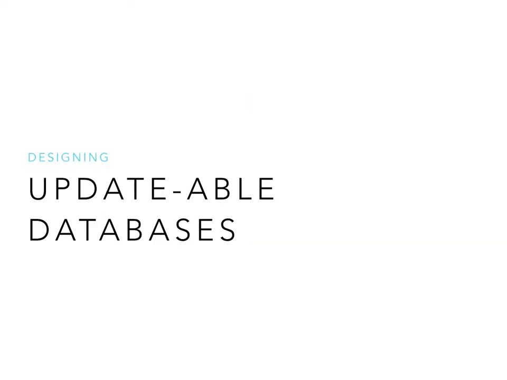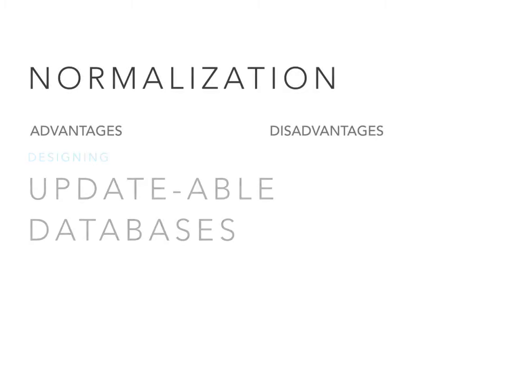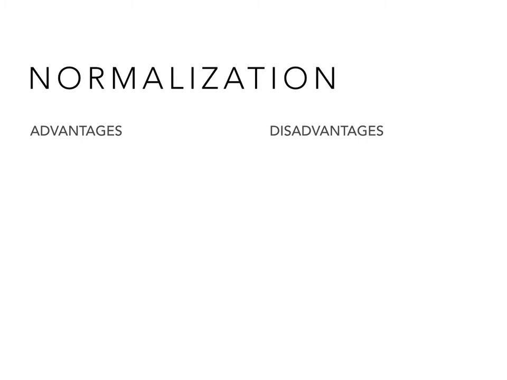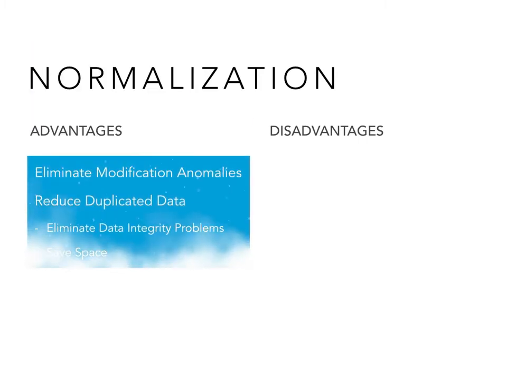First, we're going to consider designing updatable databases. So what are the rules, principles we follow for updatable databases? And generally, they're all the normalization rules that we looked at before. Remember normalization? He reminds us here of some advantages and disadvantages of normalization.